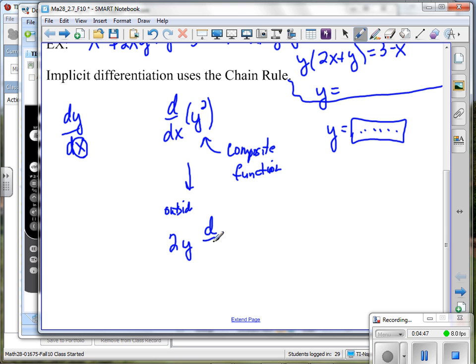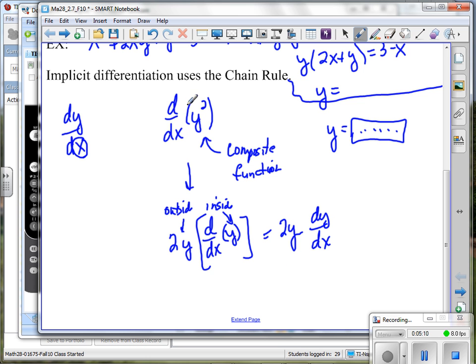But now I must take the derivative with respect to x of the inside function. So we can say this is the outside function, this is the inside function. And my answer for this would be 2y dy dx.